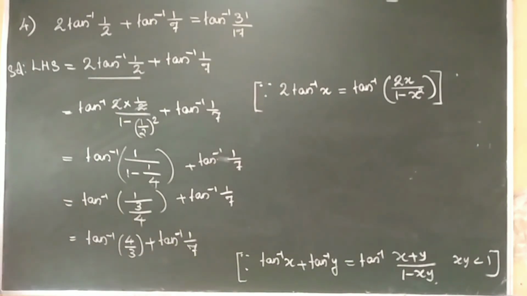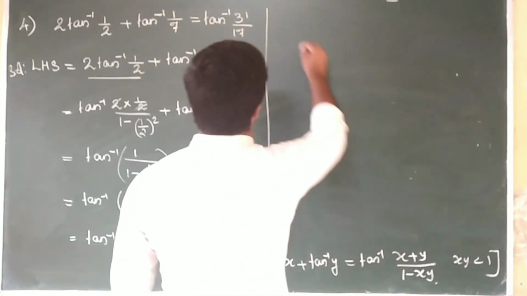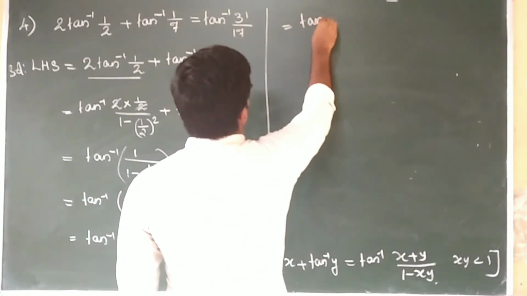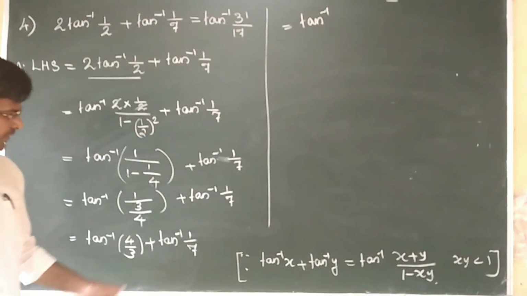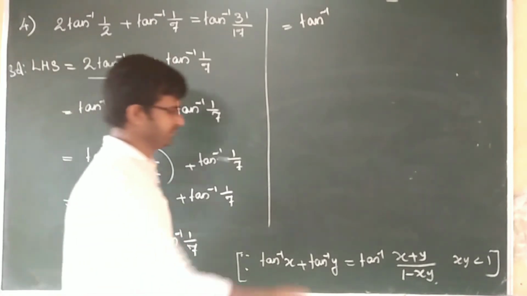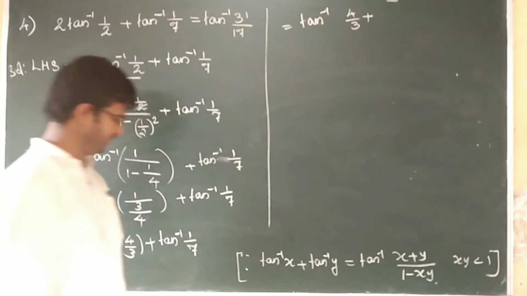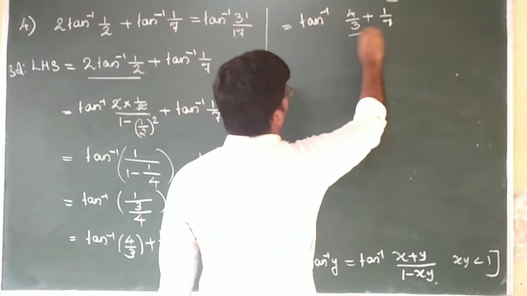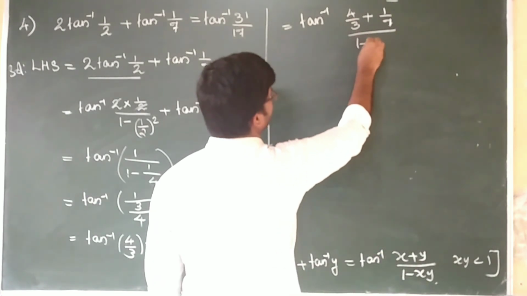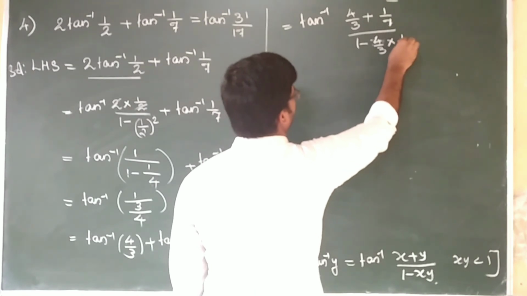Then we are going to apply this property. That means tan inverse x plus y, where x is 4 by 3 and y is 1 by 7: 4 by 3 plus 1 by 7, all divided by 1 minus x into y, x is 4 by 3 into y is 1 by 7.